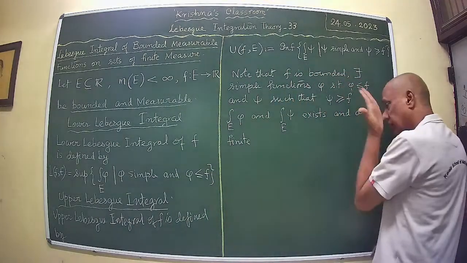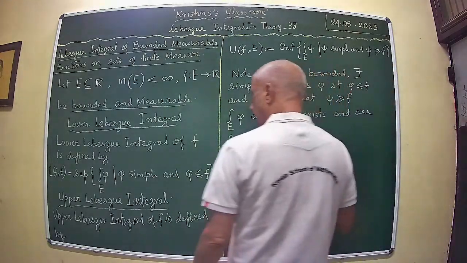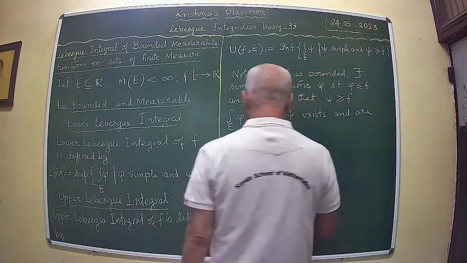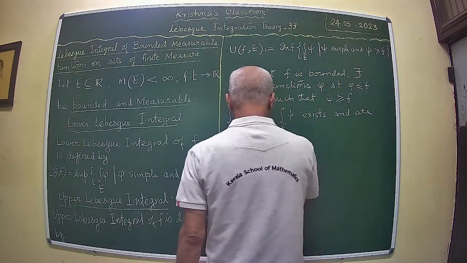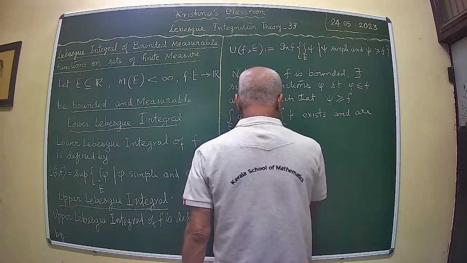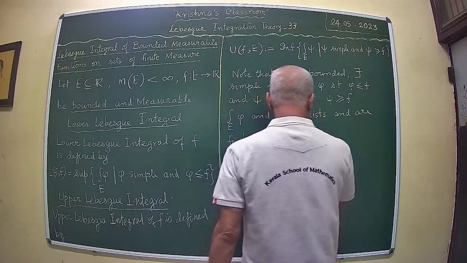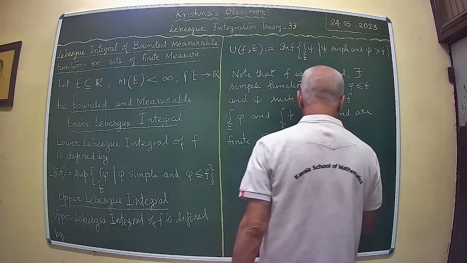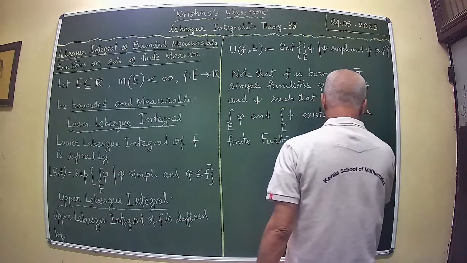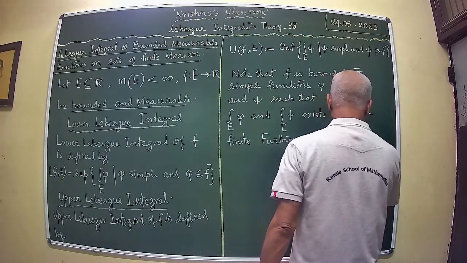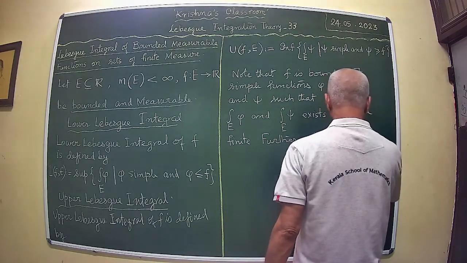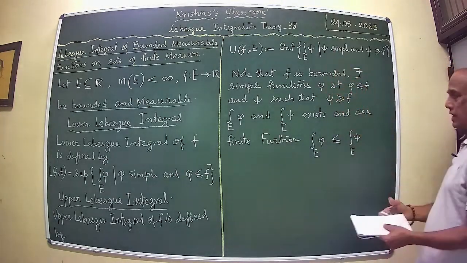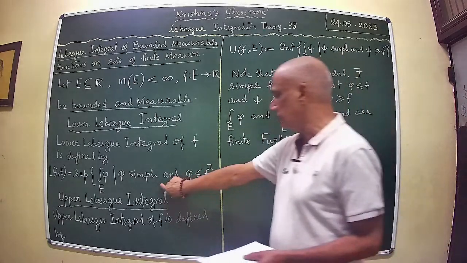So the integral over E of phi is less than or equal to the integral over E of psi, where phi and psi are as we have defined here.